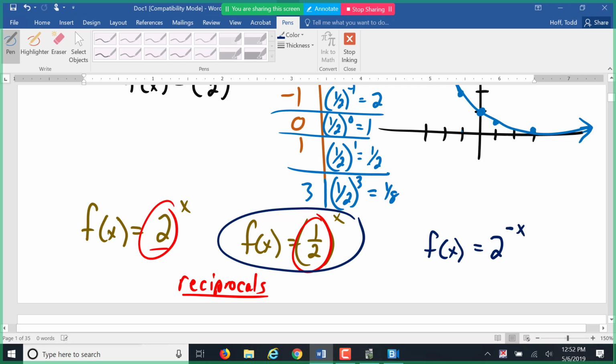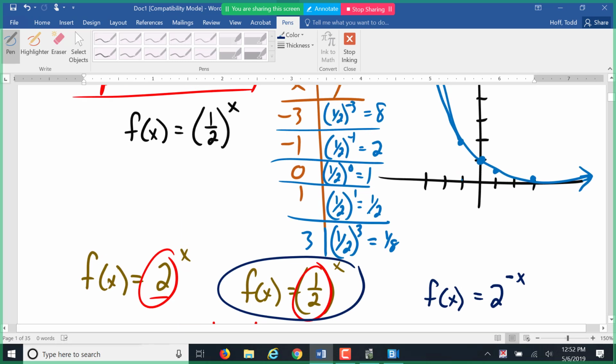Remember that negative exponent is a reciprocal. 2 to the power of negative 3 would be 1/8, which is what we had here. So that actually shows you the negative x and the positive x, that's going to be a reflection about our y-axis.